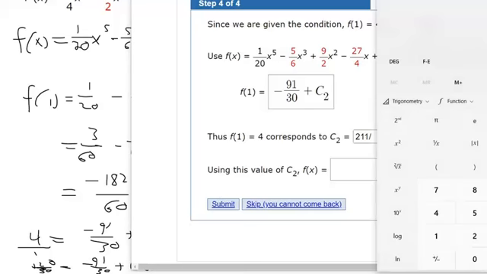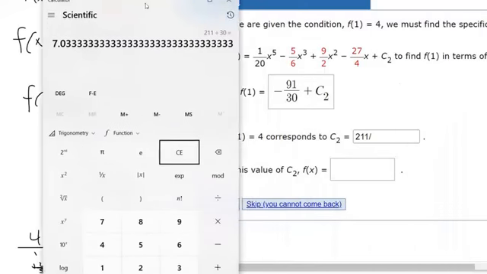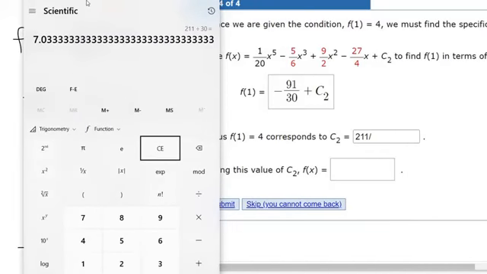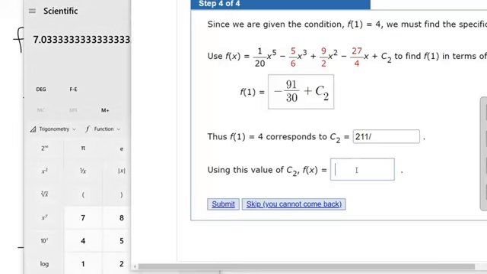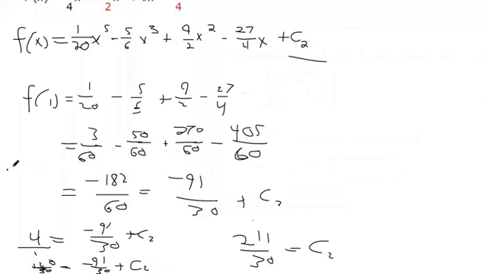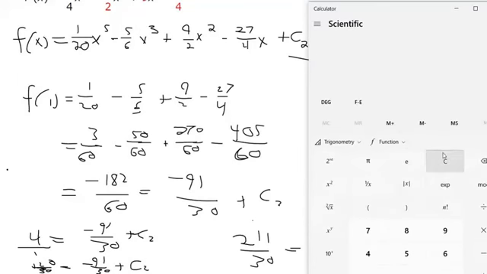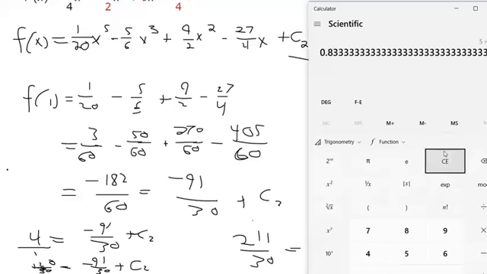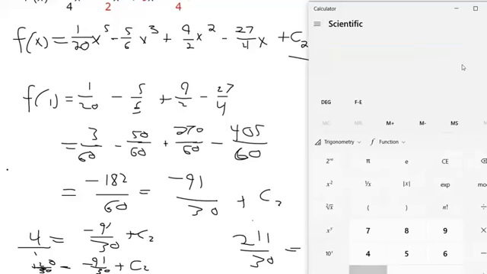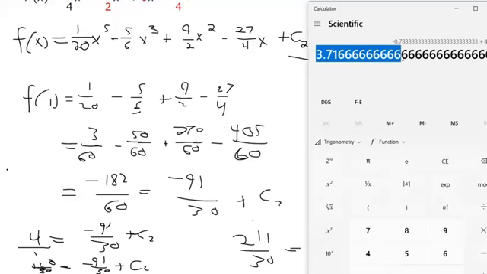Oh, they want a decimal again. It doesn't come out to a nice clean decimal, so that makes me think I did something wrong. It's going to take a lot of work to go back and check this. I'm just checking to see if I messed something up.